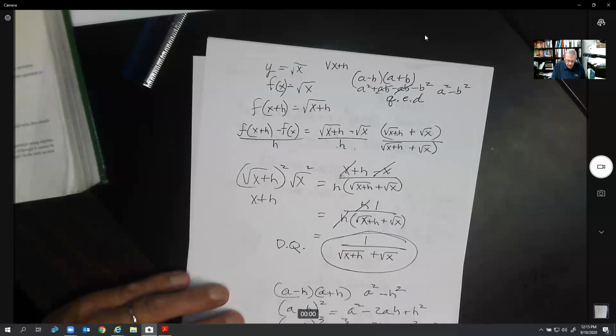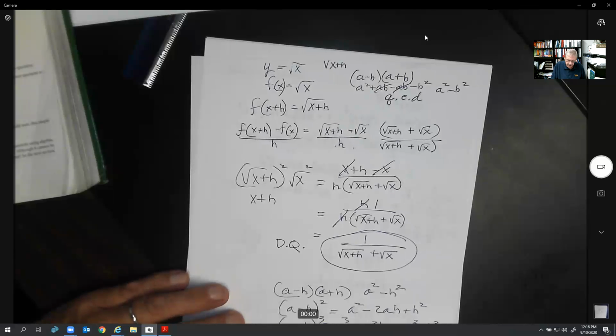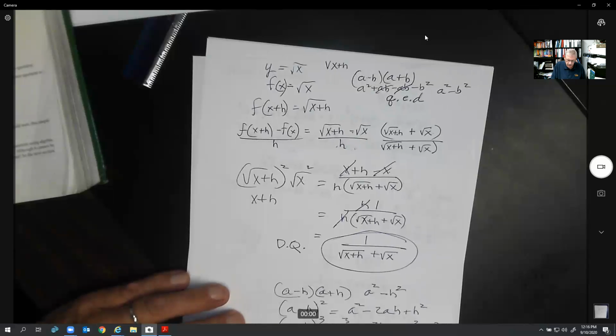A cubed minus 2a squared h plus ah squared. Now by the minus h, this would be minus a squared h.